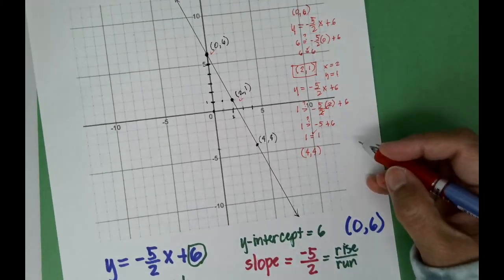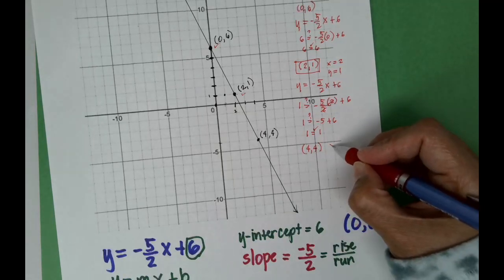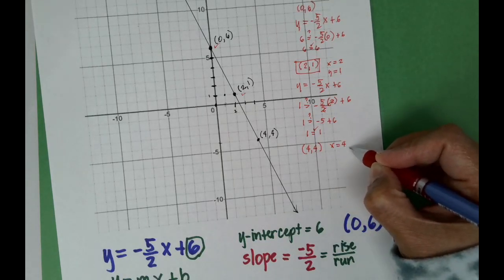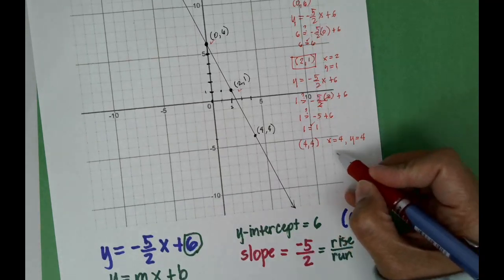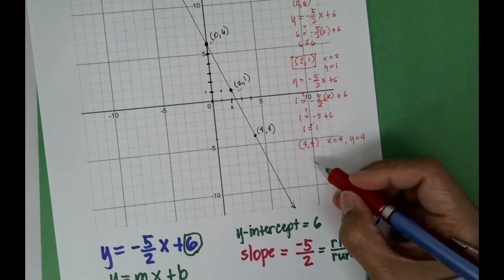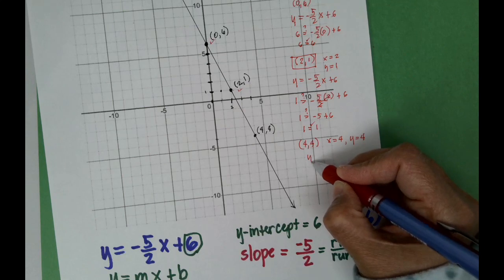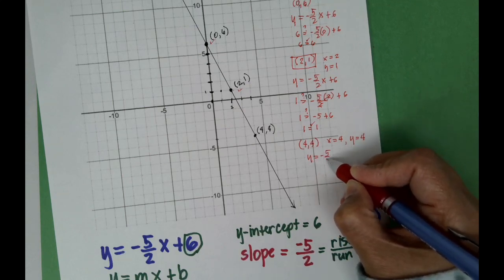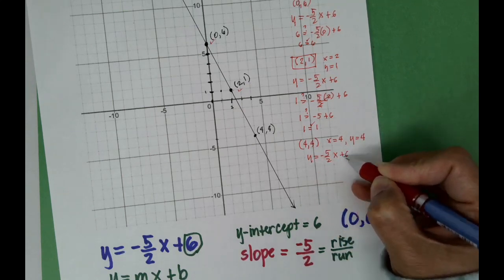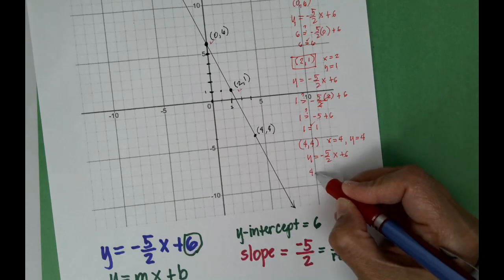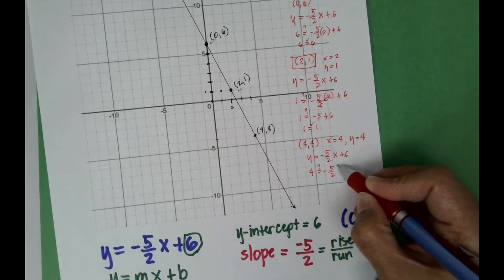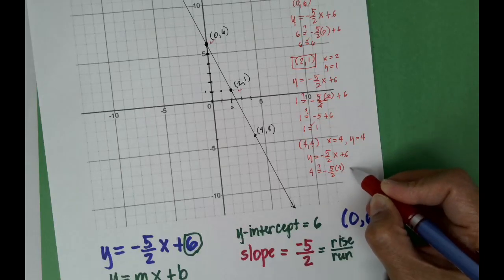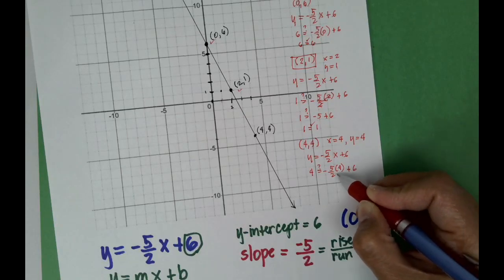Our x is 4 and our y is also 4. Substituting into y equals negative 5 halves x plus 6, will 4 be equal to negative 5 halves times 4, plus 6?